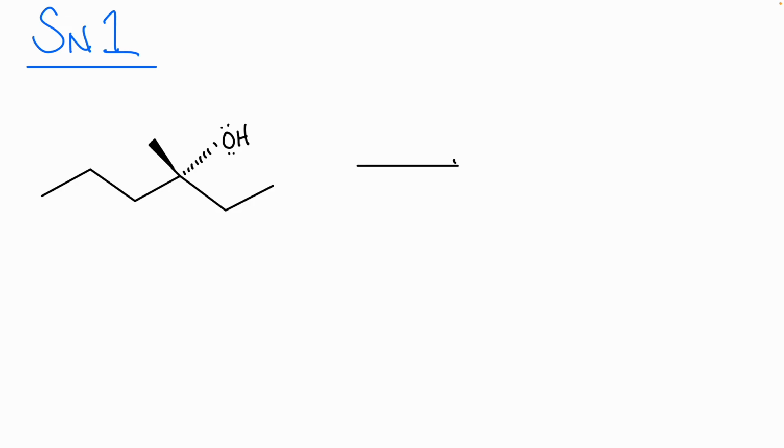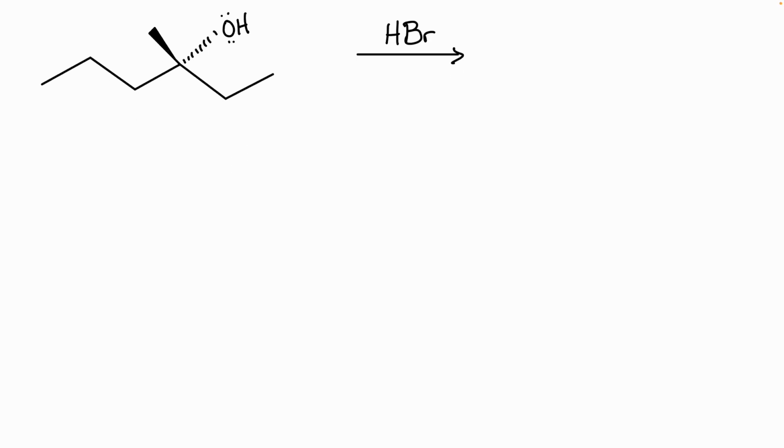All right, so what's going to happen to our stereochemistry when we treat this with our HBr? Okay, you could do the full mechanism totally. It's going to be similar to what we did before, but let's just look here at our intermediate. That carbocation.